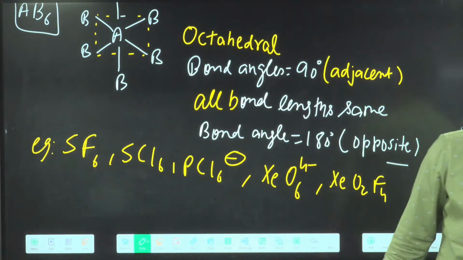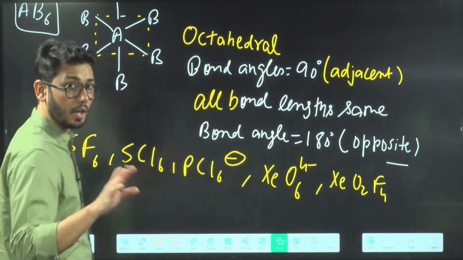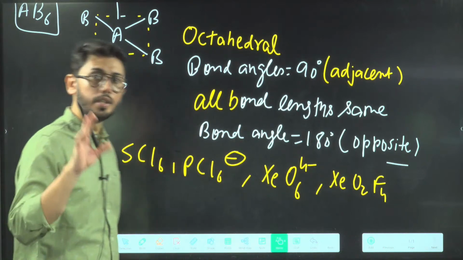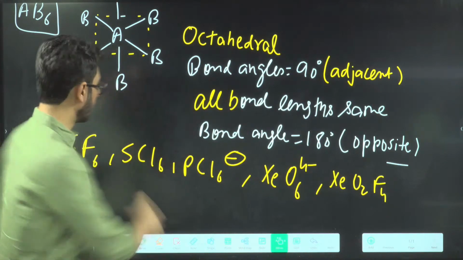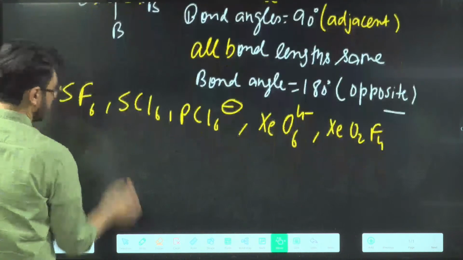You can try any example. SF6, sulfur valence electrons, how many? 6. How many fluorine? 6. That means all 6 electrons are in bond formation with 6 fluorine, AB6. That structure you can write because it is given in NCERT.